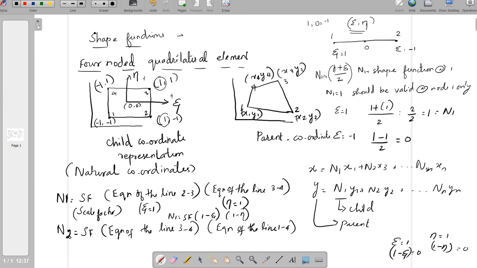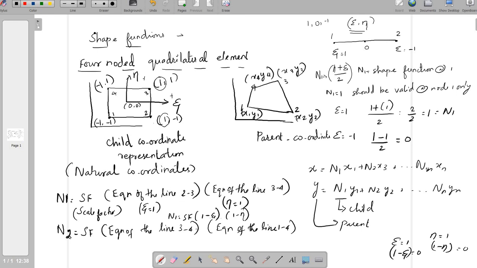Because node 1 has minus in both epsilon as well as eta, if you substitute -1 in eta, it is also 2. So we have to form the equation in such a way that N1 should be equal to 1 at node 1, the node of consideration. It should be active at a particular node only. N1 should be available at that particular node only. So N1 equals 1 at node 1 only.